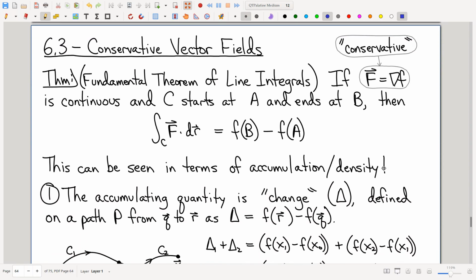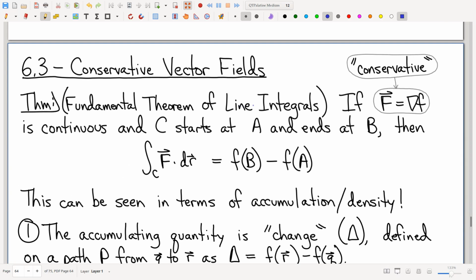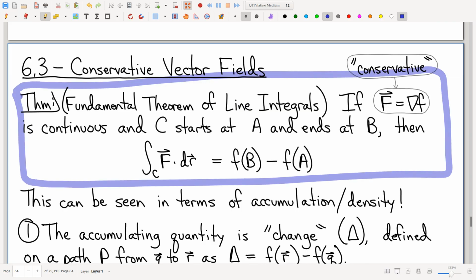Okay. All right, real quick, last thing I'm going to throw at y'all before we call it a day. We'll just get started on section 6.3. We have this theorem called the fundamental theorem of line integrals. Kind of smacks of the fundamental theorem of calculus, doesn't it? F of B minus F of A. Oh my gosh, it's like totally the same thing, right? Very, very similar. Well, absolutely.